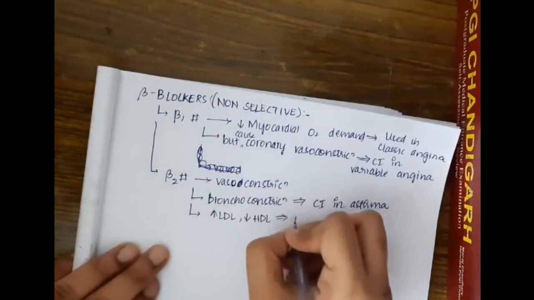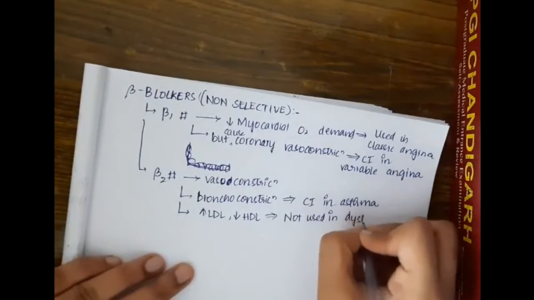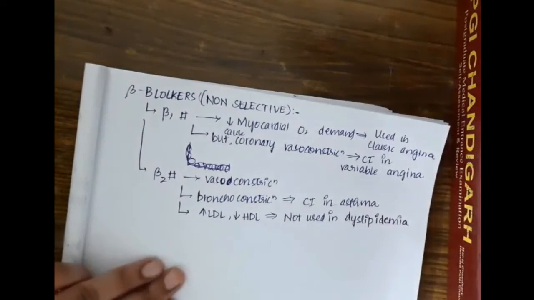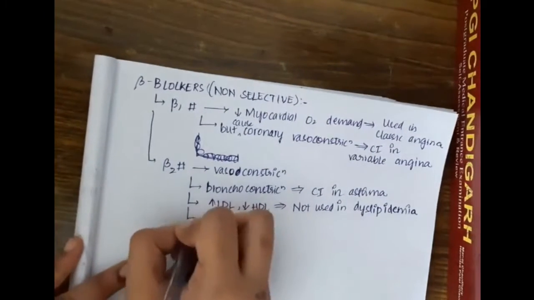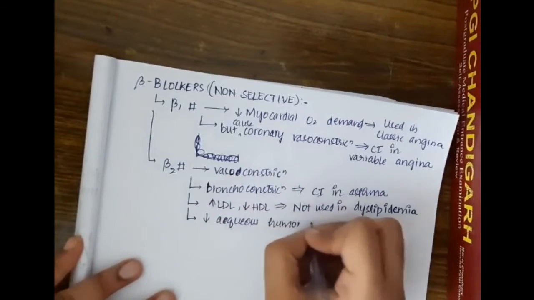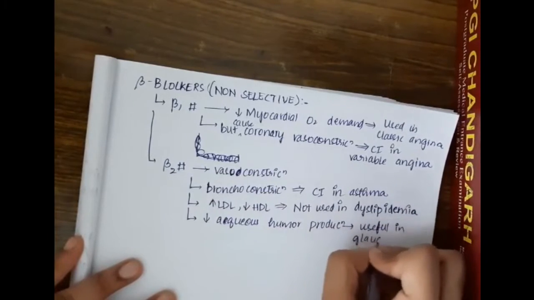These beta 2 blockers will increase LDL and decrease HDL, and they are not used in dyslipidemia. They will also decrease the aqueous humor production and thus are used in glaucoma.